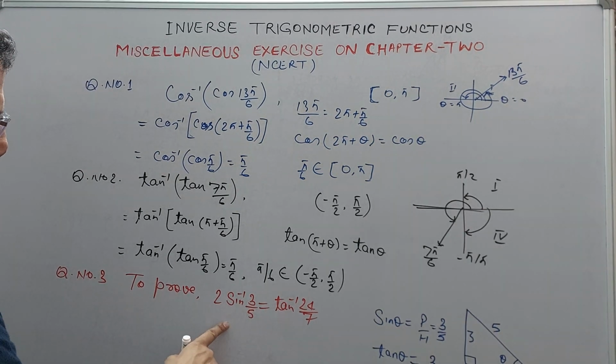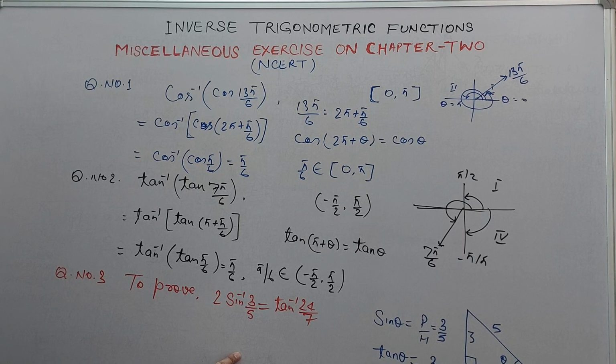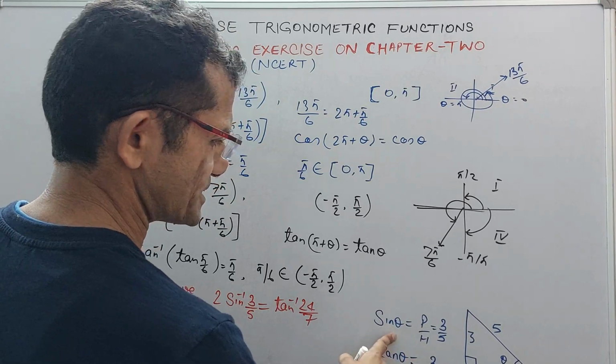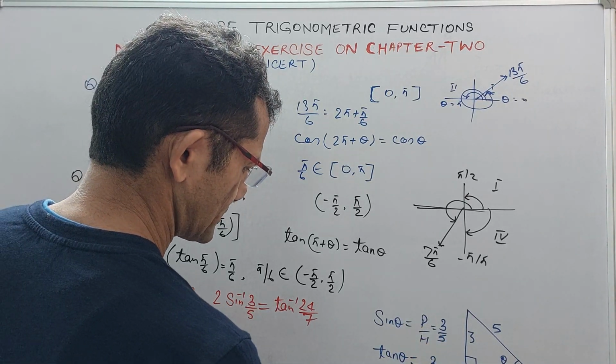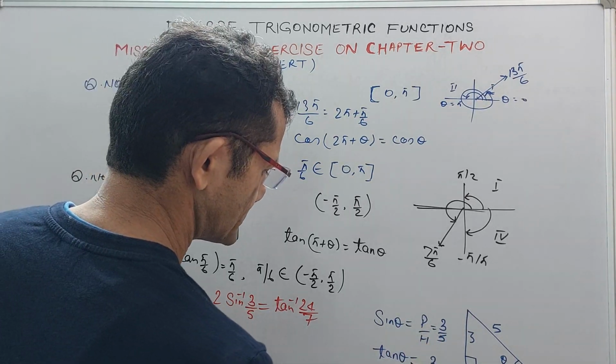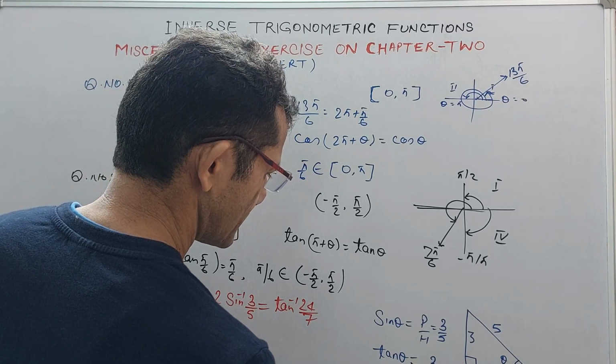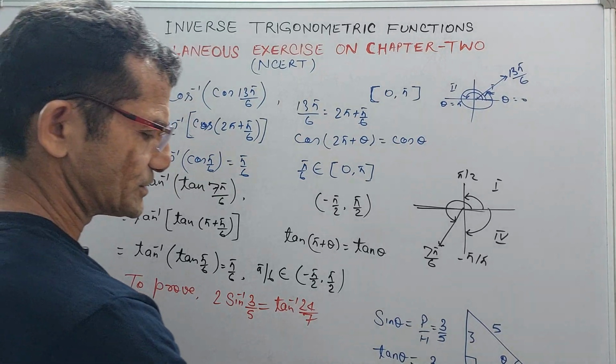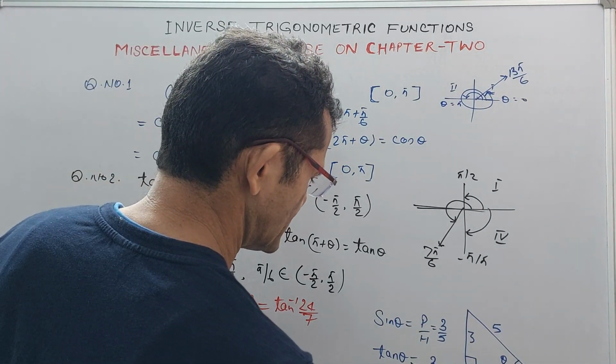Now 2 sin inverse 3 upon 5 can be converted into a tangent function. So in both cases theta is equal to sin inverse 3 upon 5, and from here tan theta is 3 by 4, so theta is tan inverse 3 by 4.